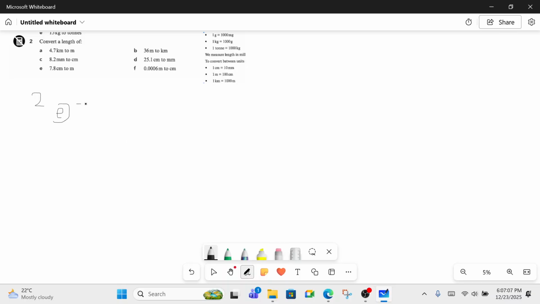So question number E says convert 7.8 centimeters into meters. So, 100 centimeters makes a meter.